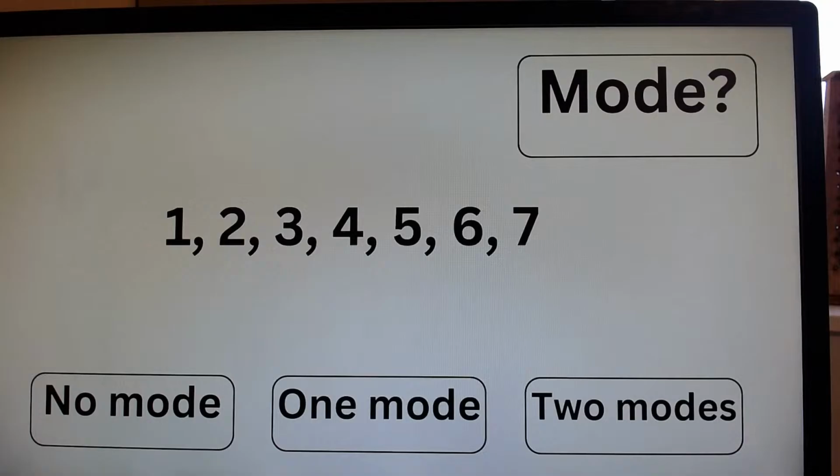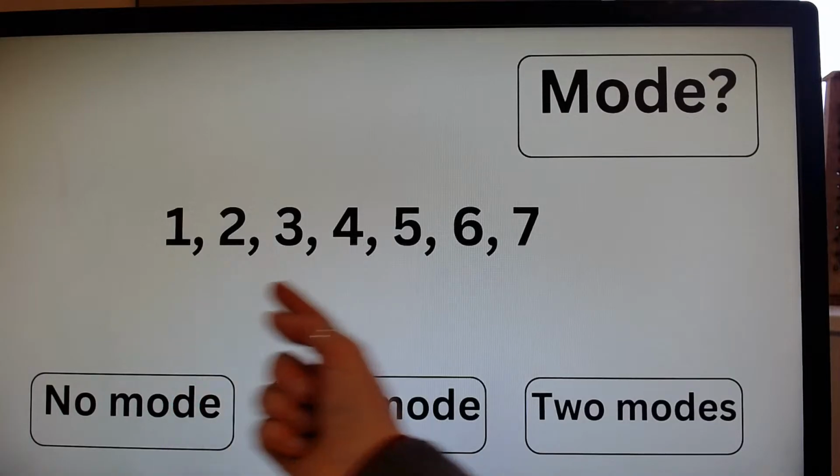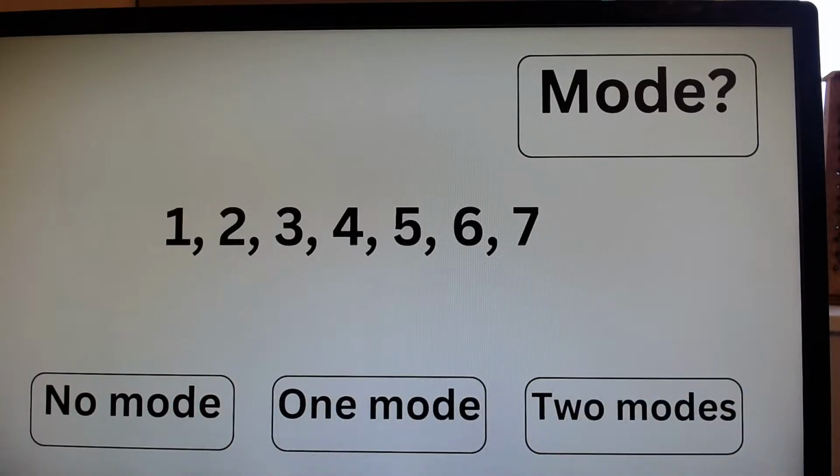Second one, no mode, 1 mode, or 2 modes. In this one, none of the numbers are being repeated. So there is no mode here.